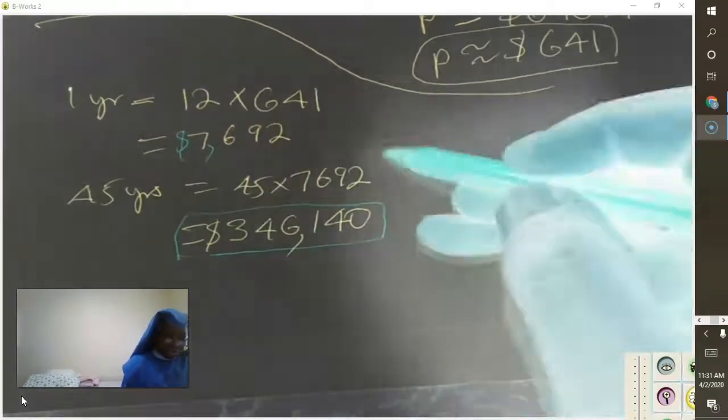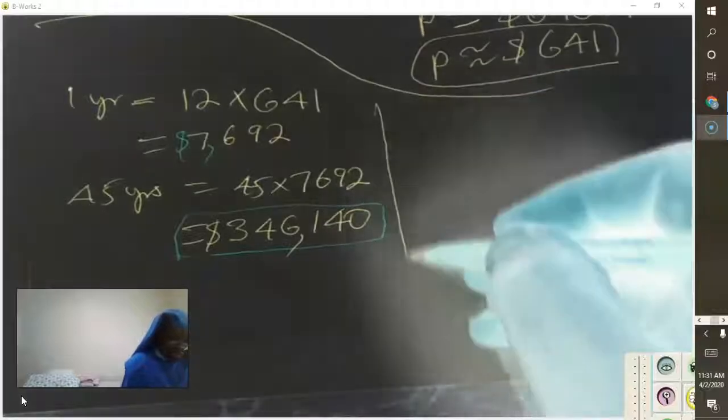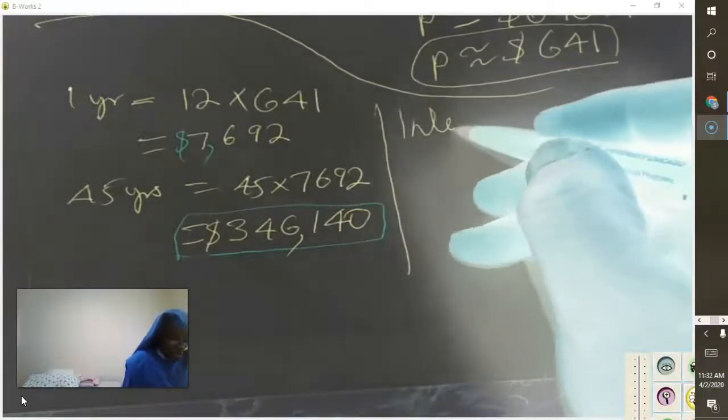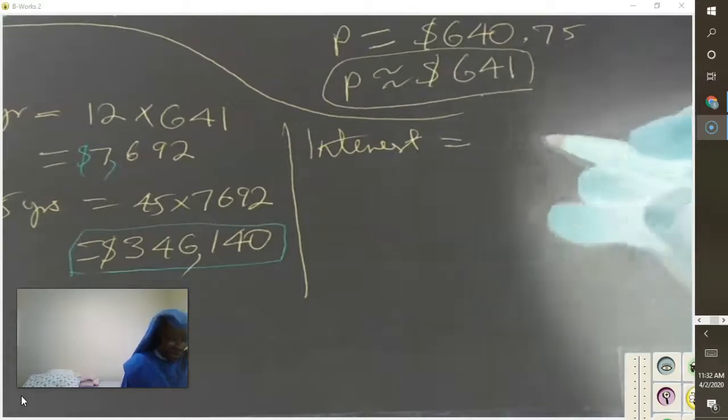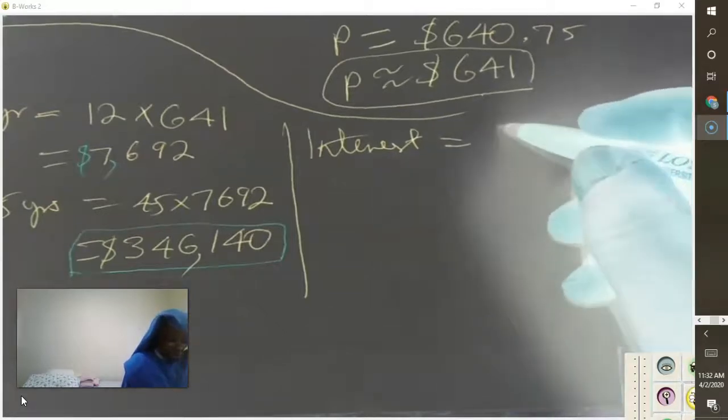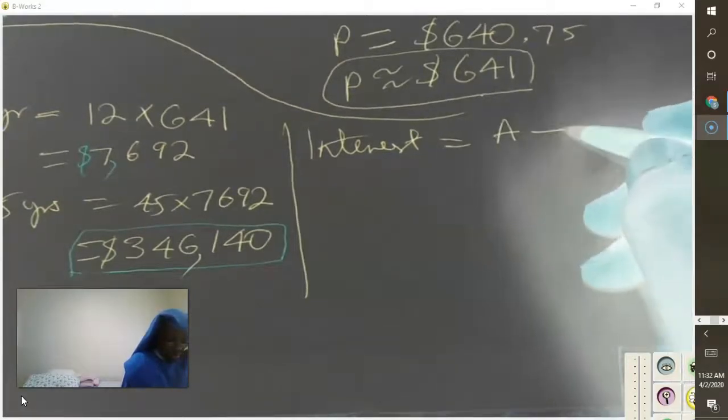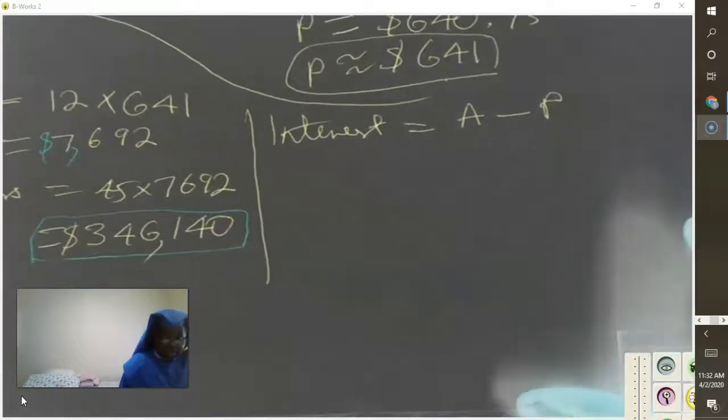So how much interest is there? So we're going to find the interest then. The interest is always the final amount minus the principal, the initial amount.